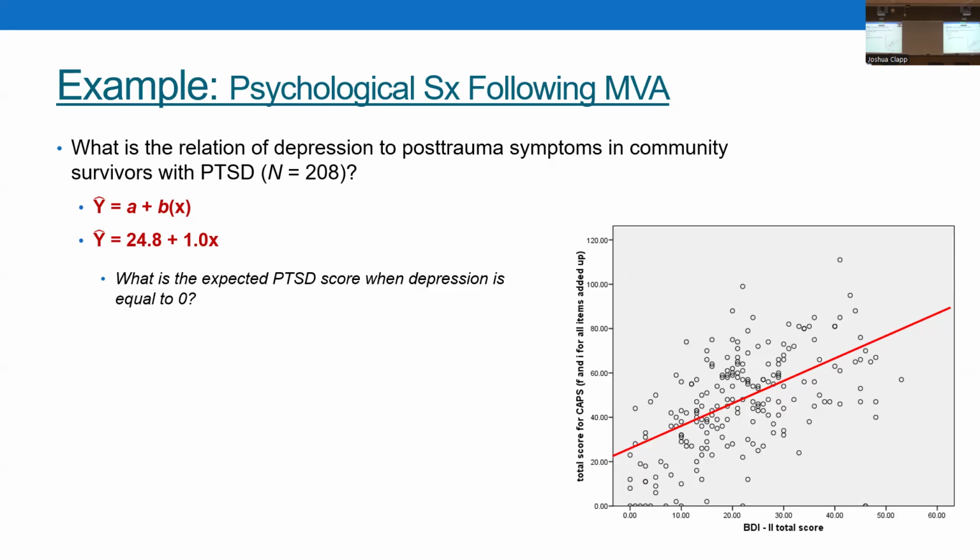Plugging 0 into that X, if I put in 0 for my depression score and you multiply anything by 0, that goes away. I'm just left with 24.8. So in this model, if someone has a score on the BDI of 0, my best guess is that their PTSD score is going to be about 25. People see where we got that?